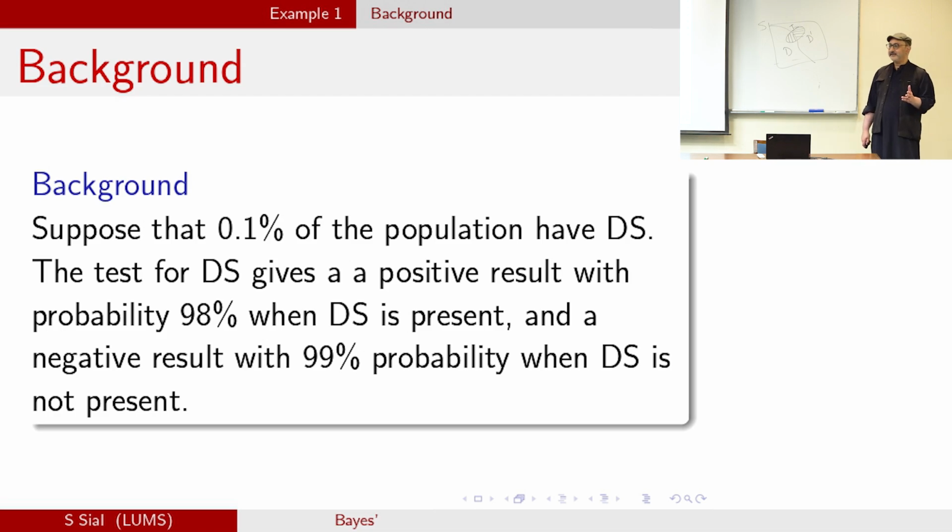So they think that if the test is positive, there's a 90-something percent chance that the person actually has the disease.